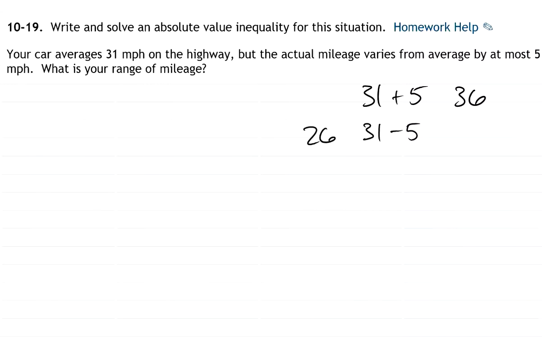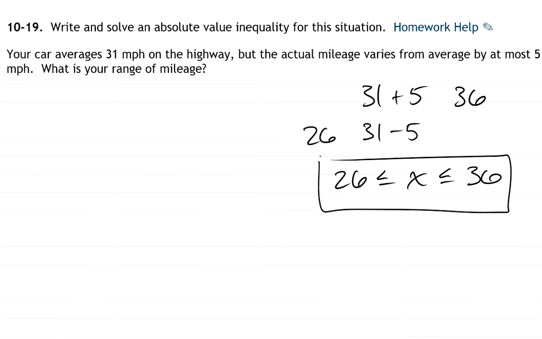So the answer to this question, it says, what is the range? And by the way, it does say at most. So I think the answer is, here are my x's: my x's are greater than or equal to 26, but they're also less than or equal to 36.